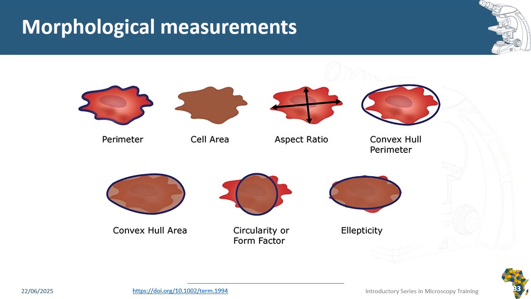Obviously, you can do a lot of measurements. You can divide them into mainly two types. The morphological measurements: maybe you are interested in the cell area, in the elongation. So if the aspect ratio is higher or close to 1, depending on whether it is elongated or how much it is similar to a circle, or if the convex hull area, so the area taking the whole convex outside considering all the boundaries, is bigger than the real area of your object.